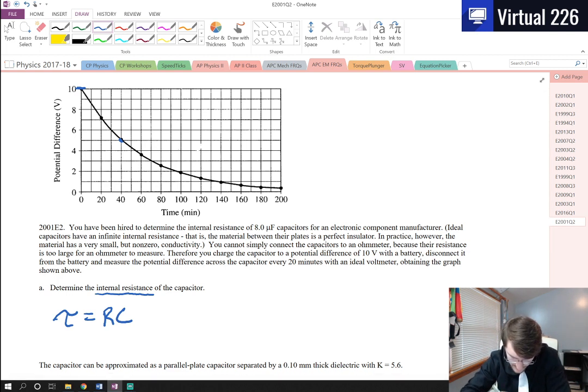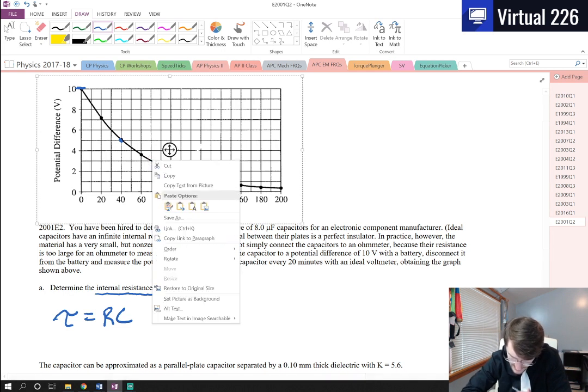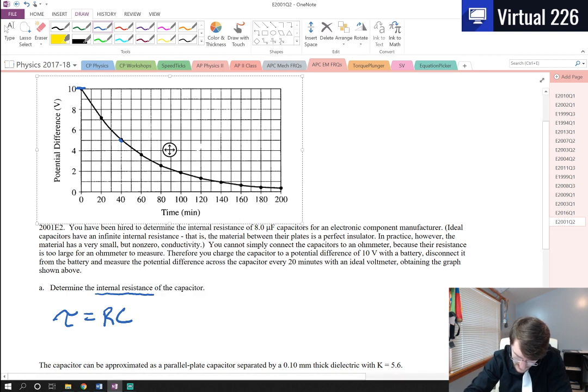Where's 2.5? 5 to 2.5 is at 70, so that's only 30. And then 1.25 is like here. That's much longer.